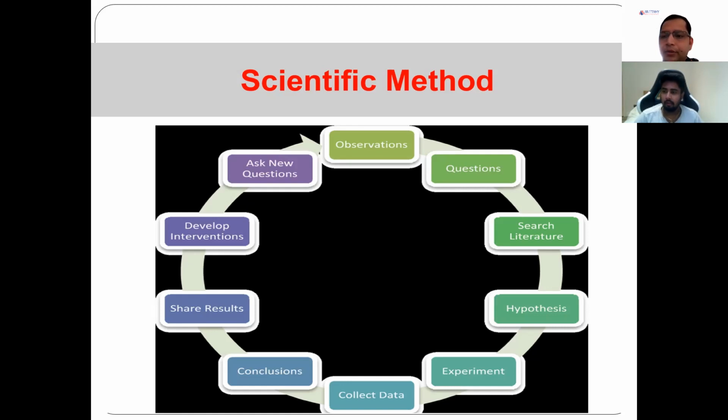You are collecting data when you are asking them or doing a survey among them. And then when you analyze your data, you find an answer. So that is your conclusion. Then you present the result. Then you develop new interventions. Then you ask questions. This is the cycle. The research doesn't stop, it goes cycle by cycle.